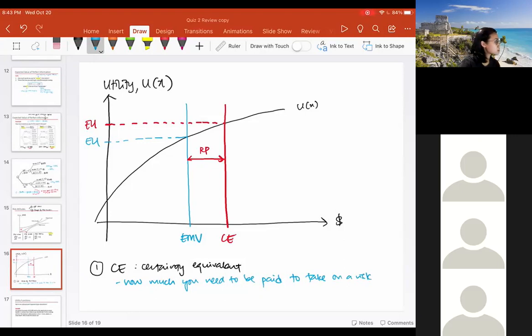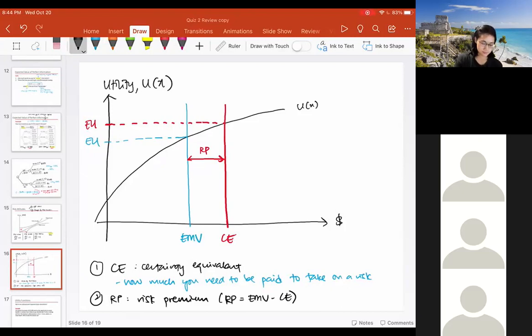So let me double check this with the slides. Okay. I should explain our risk premium. This is basically EMV minus CE. Right. So I'm going to explain the intuition with this graph.